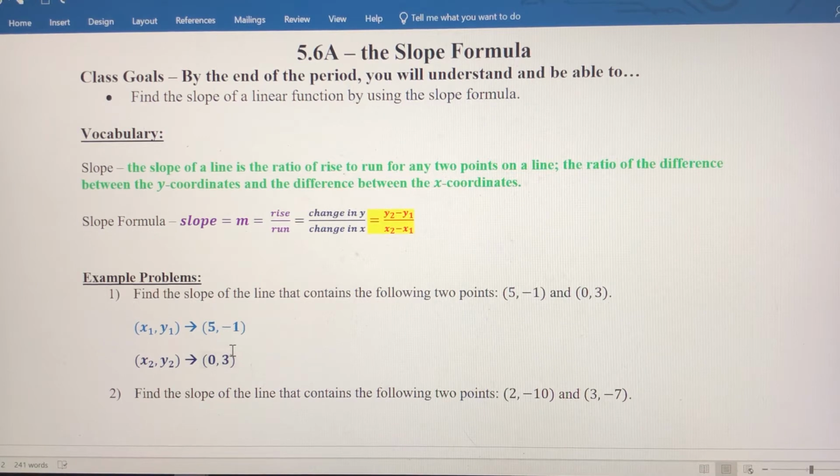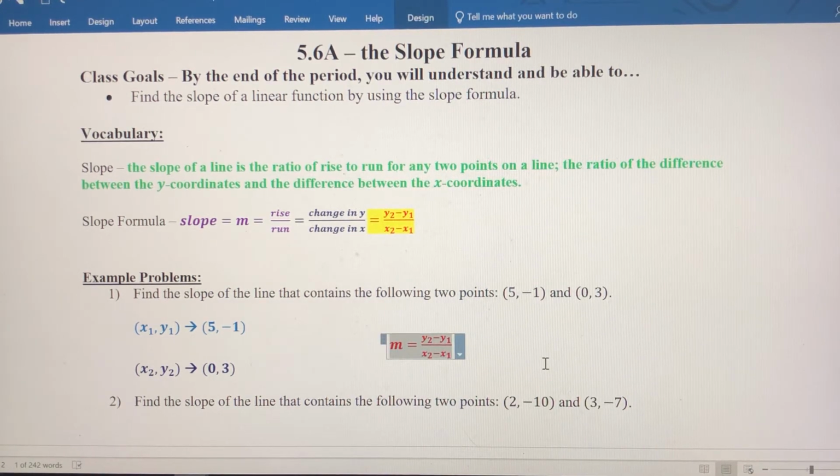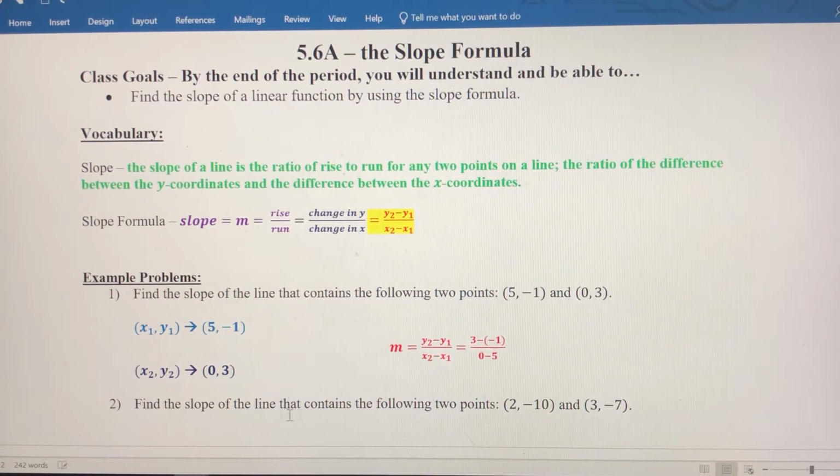So we know these values now, x1, y1, x2, y2, and we're going to plug those into our formula here, okay? So remember, we've got the slope formula, so let's plug those values in. So notice the y coordinate of the second point, we're going to subtract from that the y coordinate of the first point. So we should use 3 minus -1, okay?